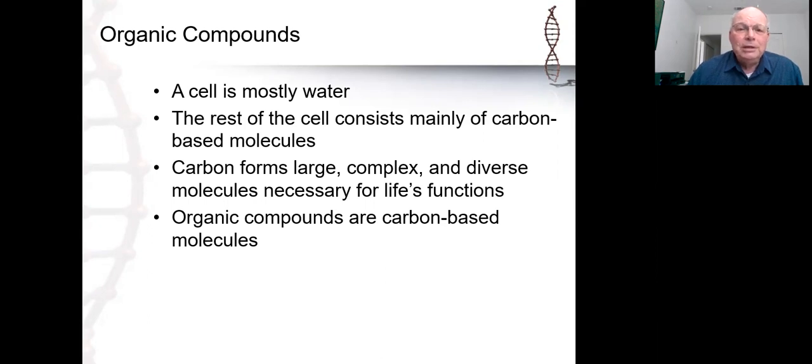Miller was able to demonstrate that using the model of the early Earth, first proposed by Oparin and Haldane, it was in fact possible to synthesize simple amino acids that are found in proteins, simple sugars that are found in carbohydrates, and even some of the nitrogenous bases that we know are found in the nucleotide components of DNA and RNA.